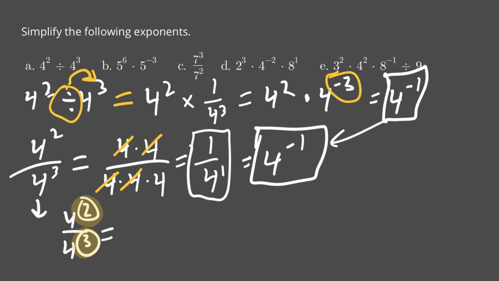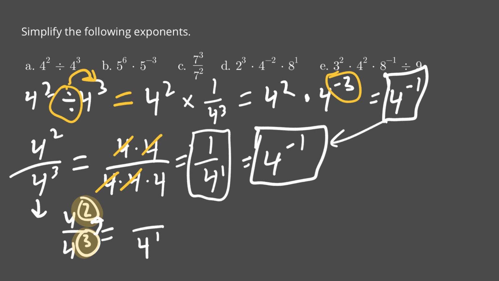In math terms, we're going to look at 2 minus the 3 or 3 minus the 2. It doesn't matter how you look at it, just know that the leftovers always go on the winning side. So the 3 on the bottom minus the 2 on the top leaves you with 1 left over, 4 to the power 1.